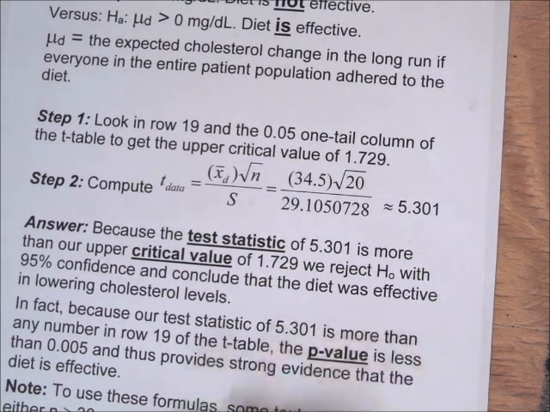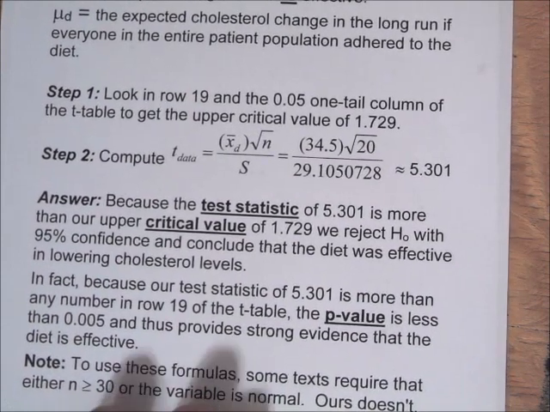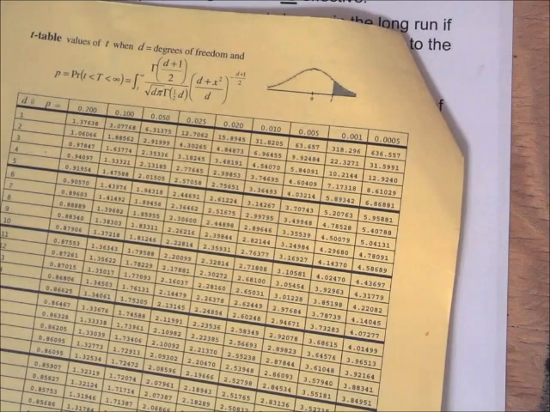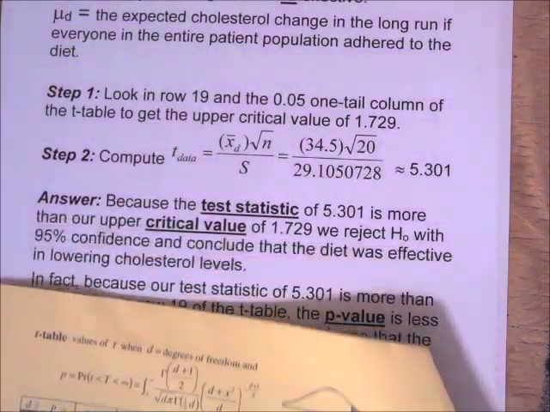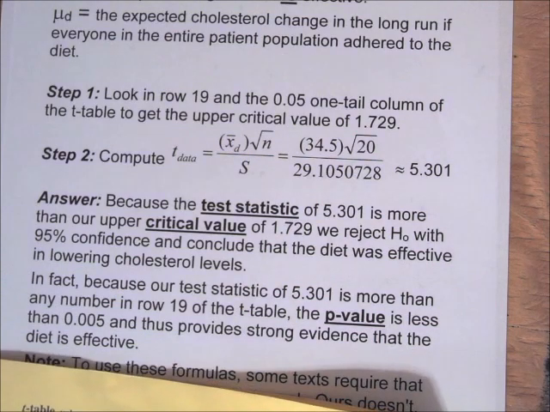And we could estimate the p-value. Actually, some of the exercises in WebAssign have links to technology where you can compute the p-value. With the table, generally we can't get the exact p-value from the t-table. The z-table will give us a precise p-value, but the t-table is not really set up for that, but we can estimate it.